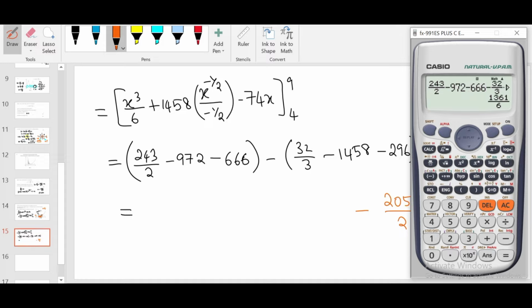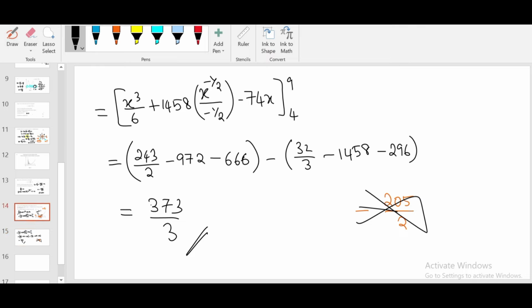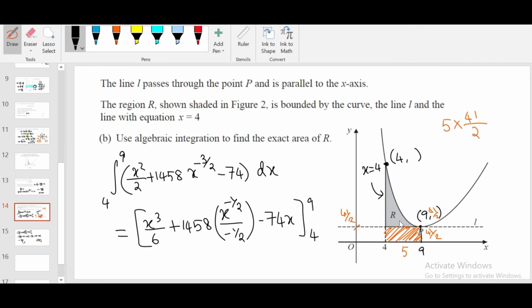This is what we got, minus 205 divided by 2. 373 over 3 after subtracting this. That's the area. That's all. That's how we find this area, the shaded region R.